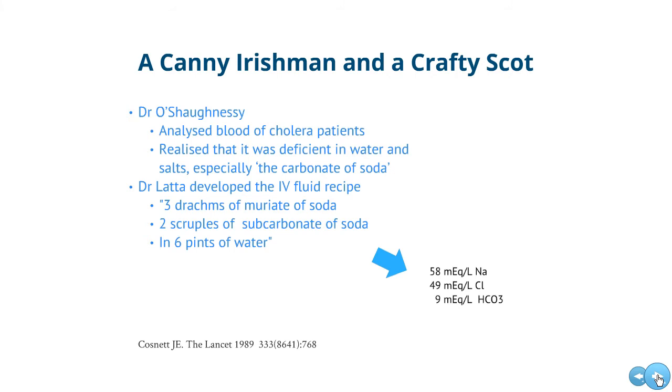Another physician, Dr. Latta, who was a Scotsman practicing in Leith, took up that information and realized that, well, maybe if he could replace that fluid and those salts, that his patients would get better. And so he concocted the recipe, and I love reading this recipe.